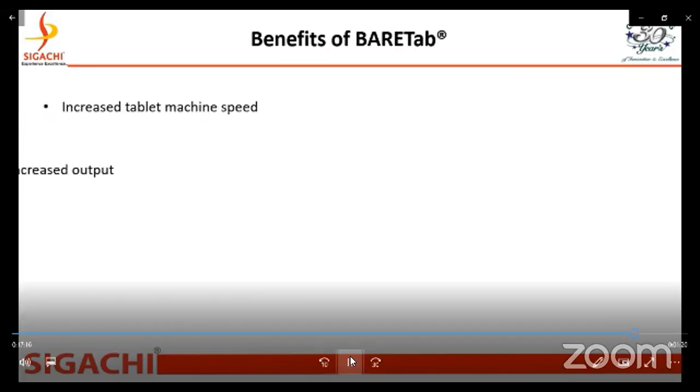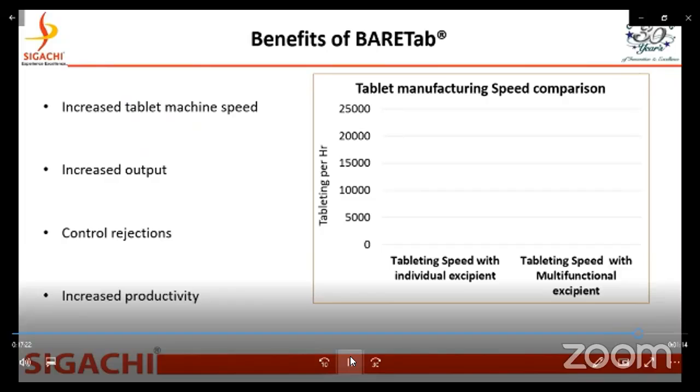Increase tablet machine speed with BHAPH, increase output, control rejections, increase productivity. How to increase productivity with BHAPH? We compressed tablets with physical mixing and multifunctional BHAPH.